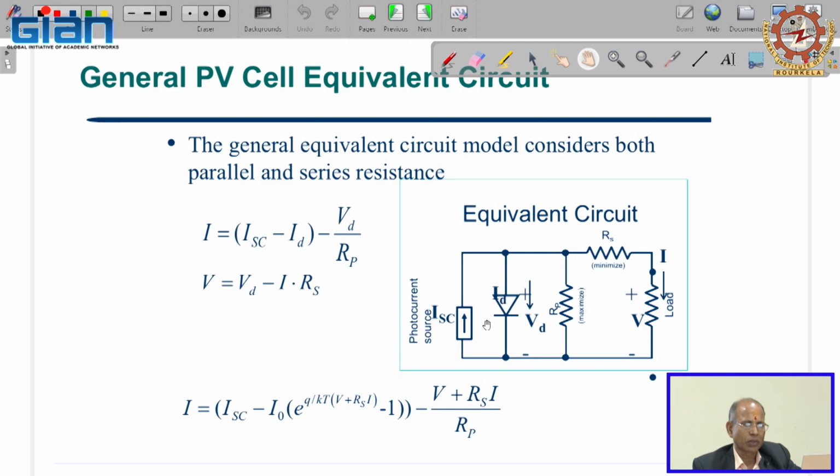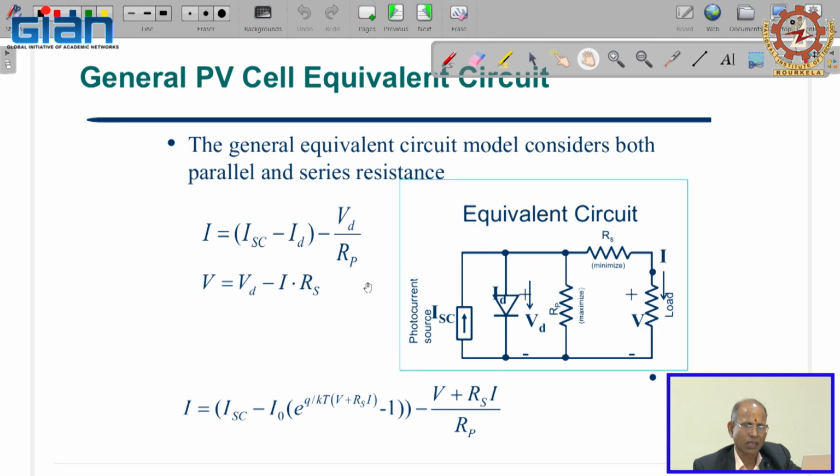But when you consider both RP and RS together, you want to find how much current is in the load and how much voltage is across the load. The current I will be ISC minus ID minus this current, which is VD divided by RP.